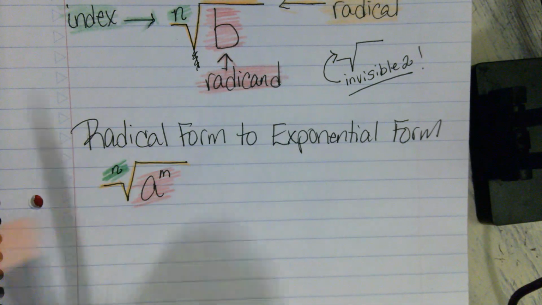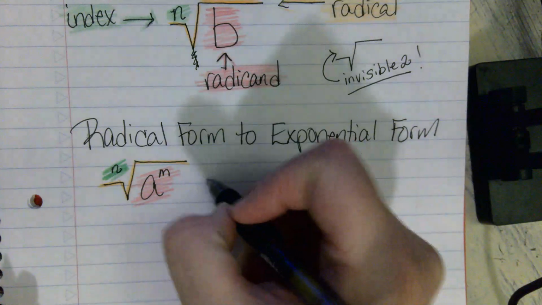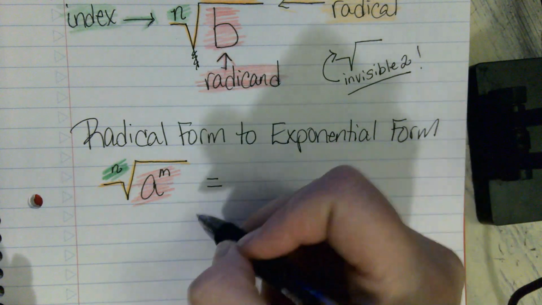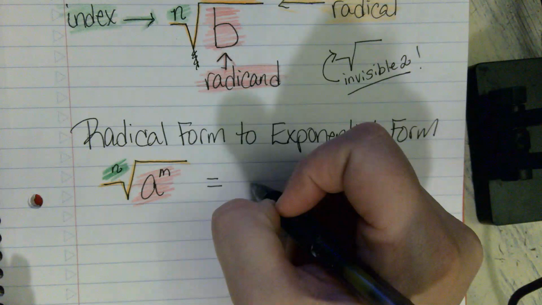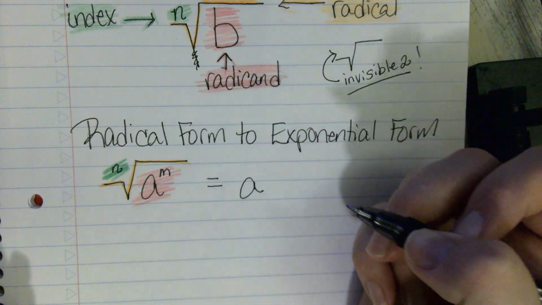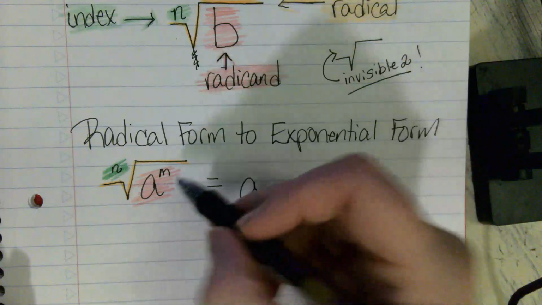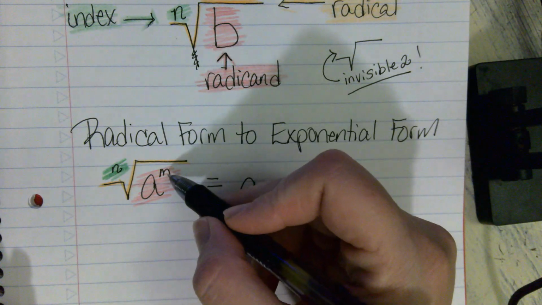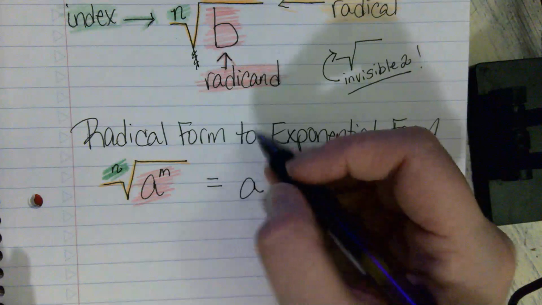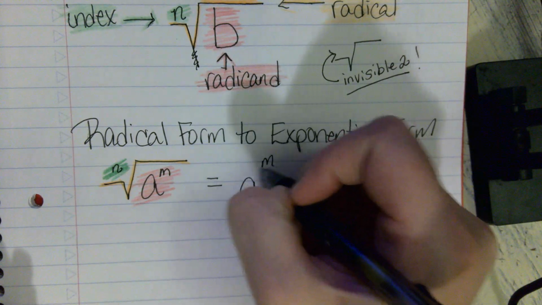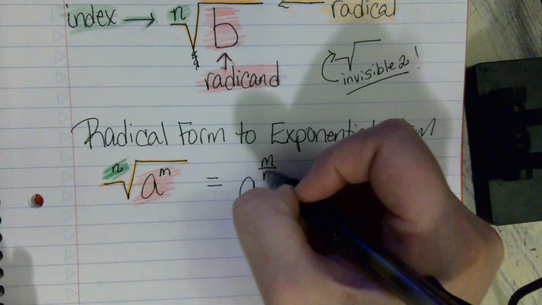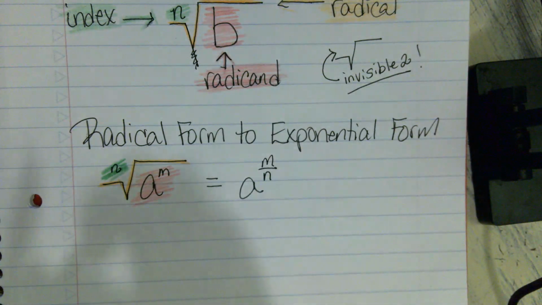If I wanted to convert this back to exponent form, you take your radicand and it becomes the base. The exponent, and if there's not one, that's an invisible 1, becomes our numerator, and the index is always the denominator.